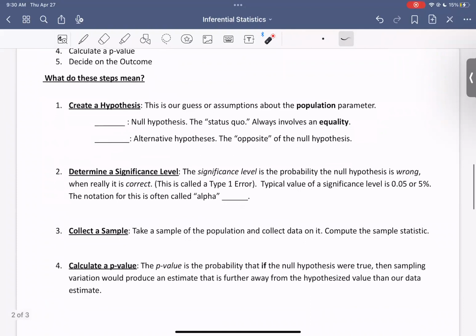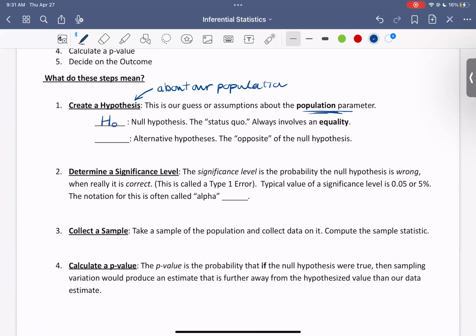So first, creating a hypothesis. A hypothesis is a hypothesis about our population. This is our guess or assumption about the population parameter. We use notation for these hypotheses.